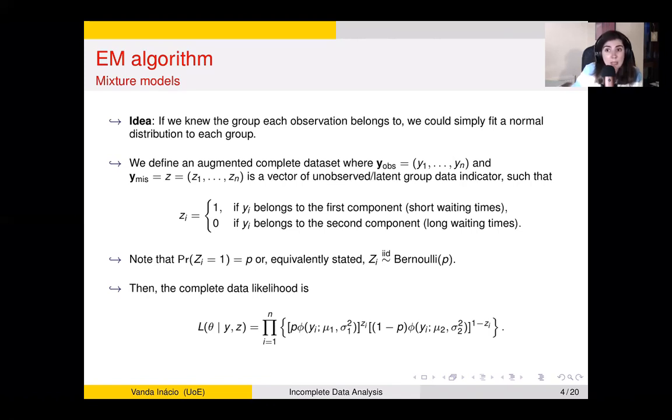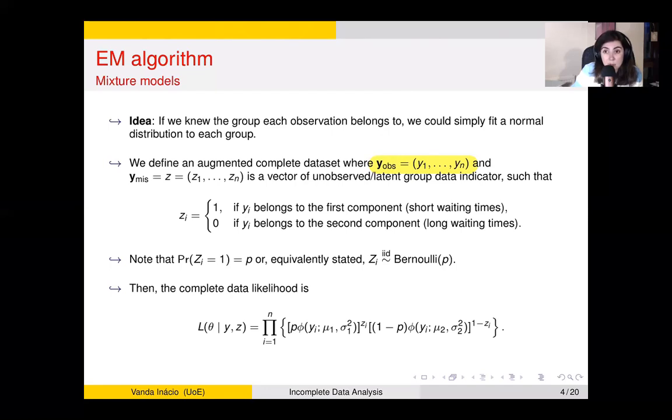And so we now can see some of the components that we need for our EM algorithm, right? I can think that my observed data are my y's, my waiting time. So that's what I have here. My observed data are my y's from 1 up to n, and then we know that for the EM algorithm to work, we also need some missing data.